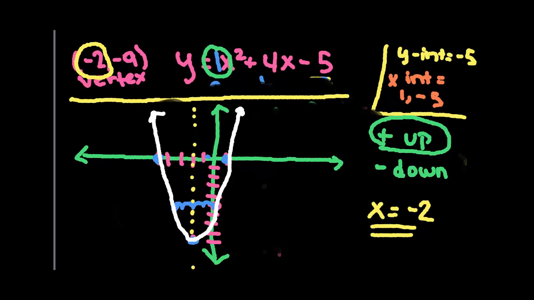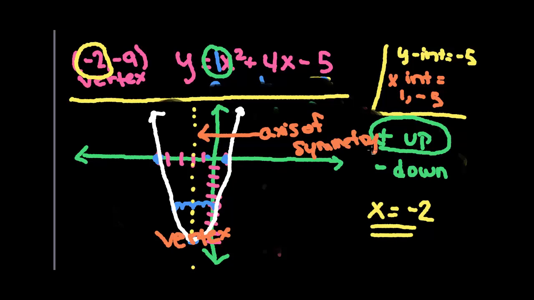Okay, so we have found that we open up, we found the vertex. I'm going to label some of this here. So this is our vertex. This dotted line here is our axis of symmetry. These 2 points here are our x-intercepts.